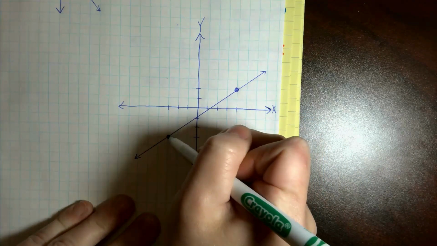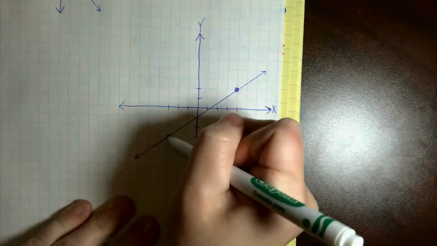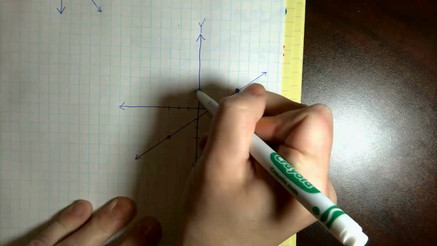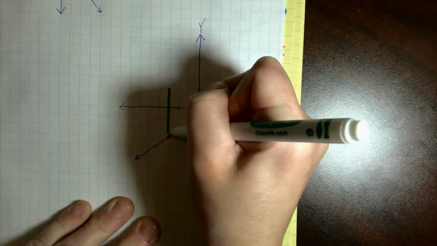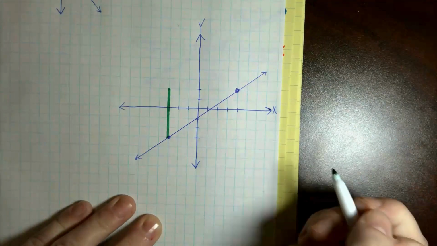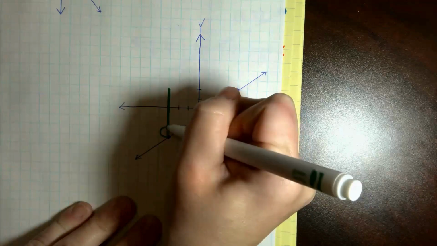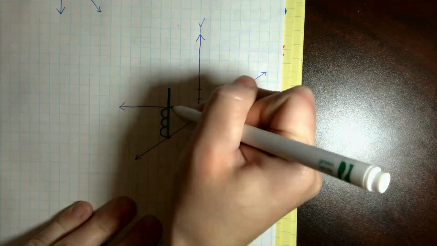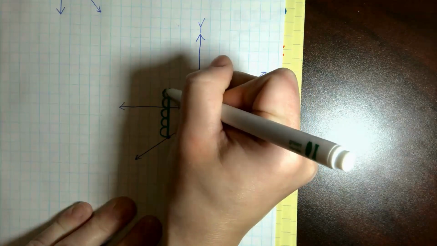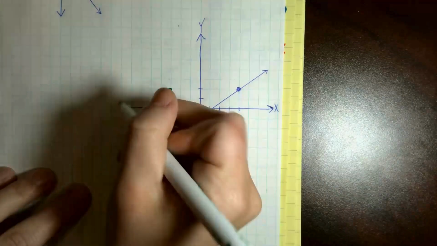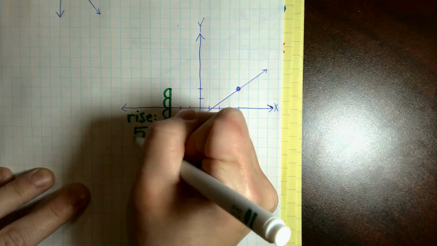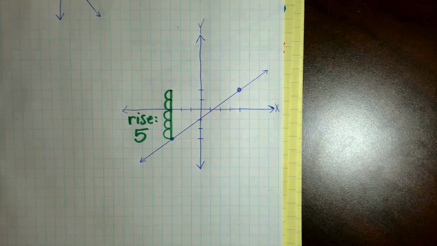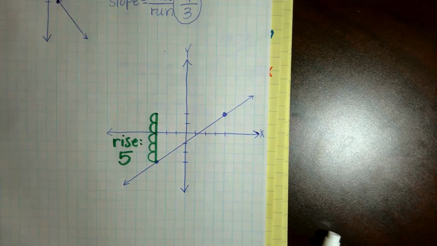Number. So here, we're going to go up to where this point hits on the y-axis. So here's our rise. It's going to go 1, 2, 3, 4, 5. So I'll write that to the side here. Rise is 5. All right. Now, how are we going to find our run?